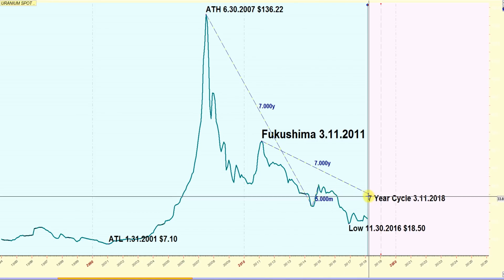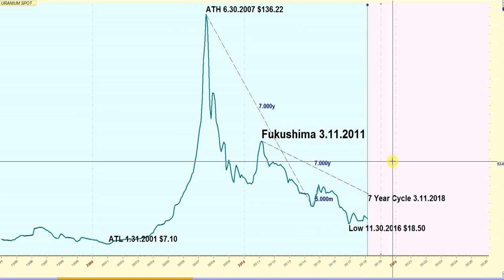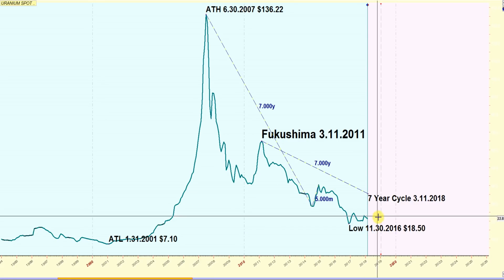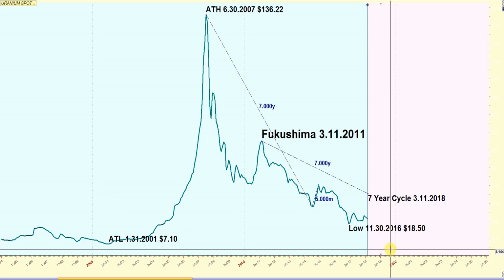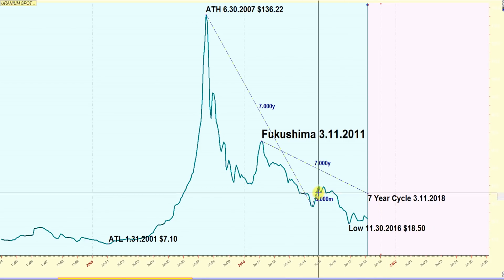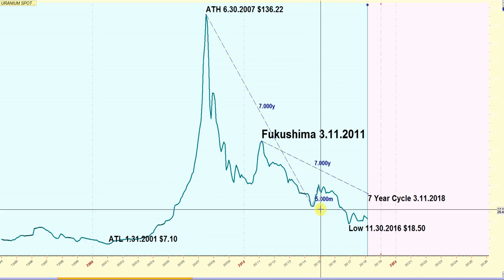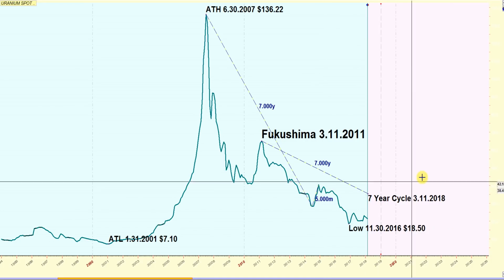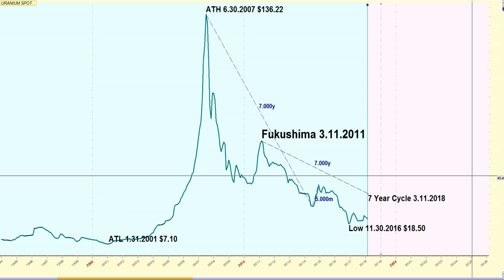Fukushima here, 5 months up. I'm assuming up, because 5 months down, that's going to be even crazier. So I'm assuming we're probably going to go up for 5 months in March. But it remains to be seen. I'm not too sure. But it's just showing you the possibilities of what could happen.